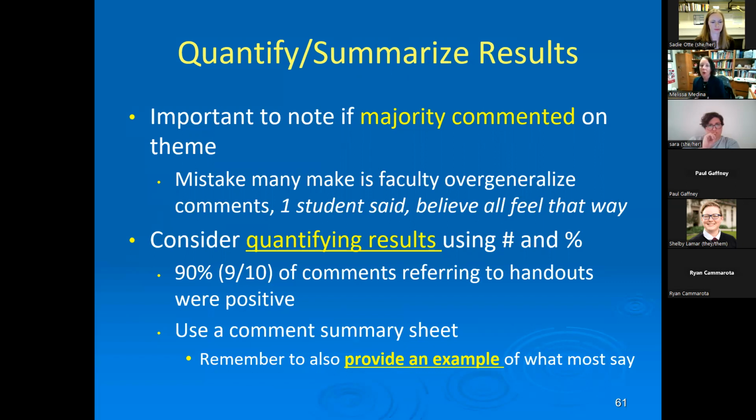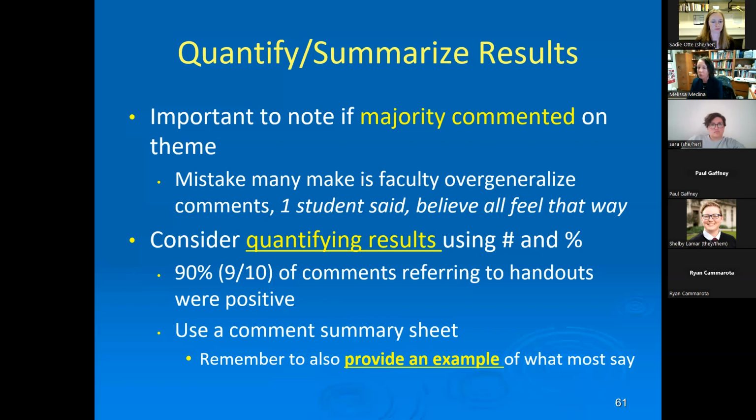So I want people to quantify the number of people that said that particular theme, whether it was positive or negative, because this can help you better focus on what is representative. What is the real picture of what's happening in your course, instead of faculty members' tendency to just hone in on the one negative thing.